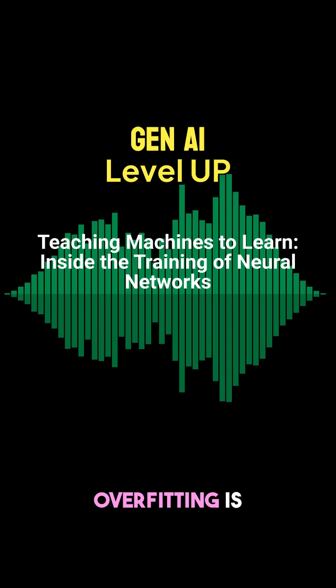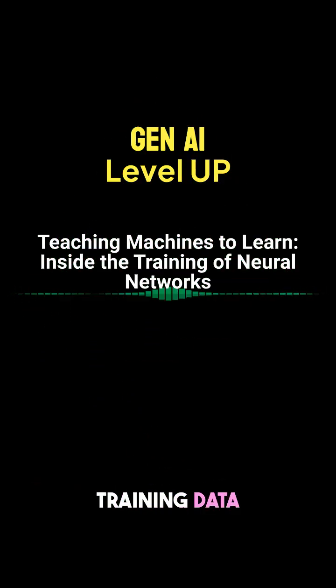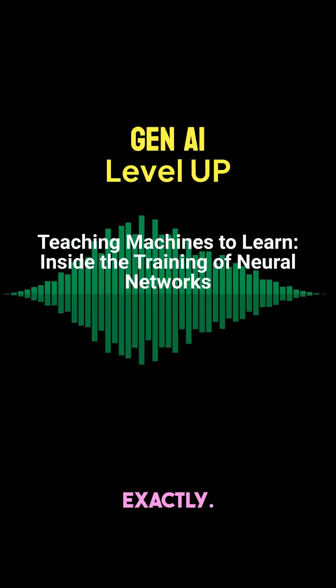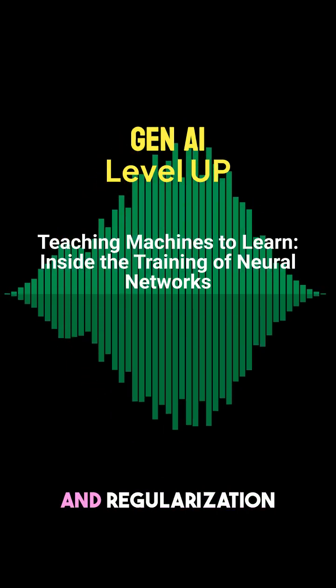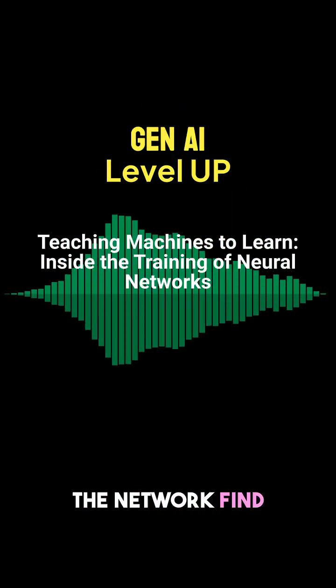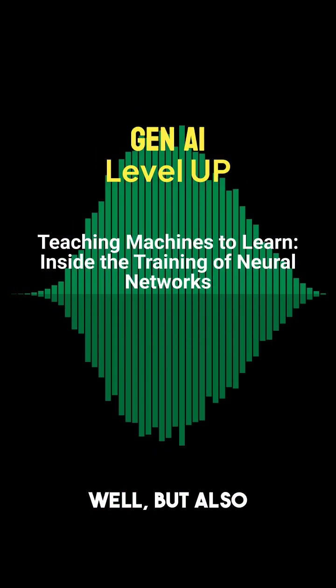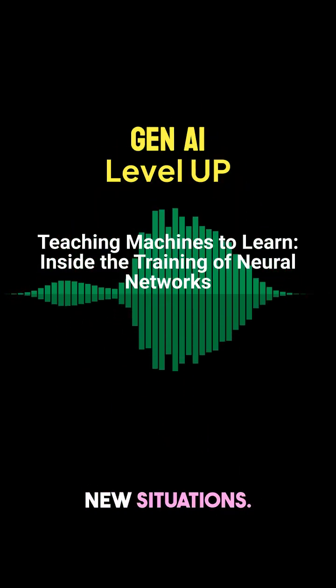Overfitting is when a network gets too enthusiastic about the training data and starts memorizing it instead of generalizing. So it's like a student who just crams for a test, but then can't apply the concepts in the real world. Exactly. And regularization helps the network find the right balance between fitting the training data well, but also learning those underlying patterns that are going to generalize to new situations.